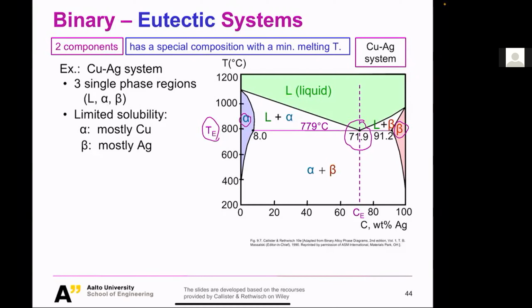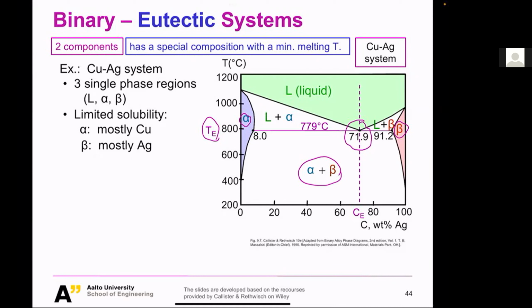Anything in between will be a mixture. So this is a liquid mixed with a solid solution, and that is another. And here is a complete mixture of solid solutions. Here we have to be clear: the silver cannot really be dissolved into copper, not completely, but actually it's just so little.